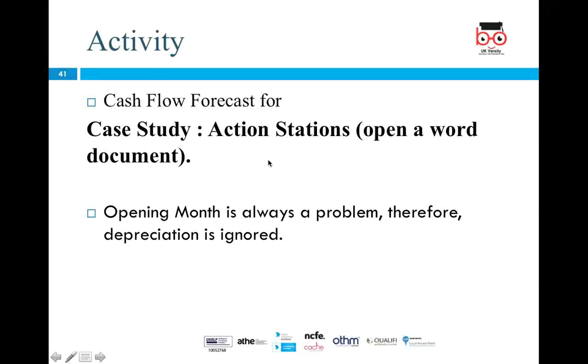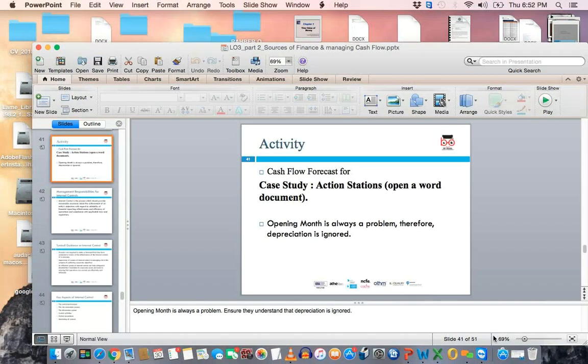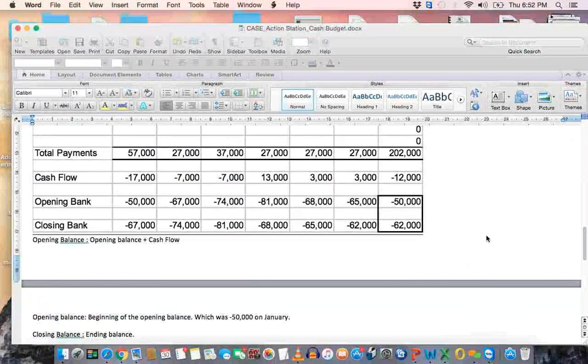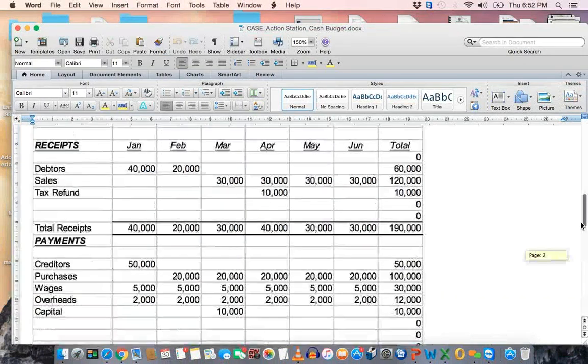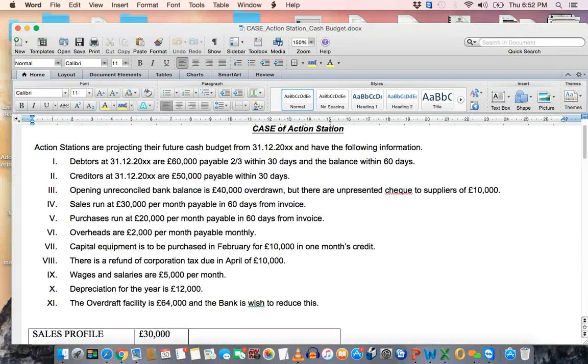We will do one exercise here, and I'm going to open a Word document for you, and then we will calculate how we do the cash flow and cash management. So these are some information. There is a debtors figure on the date, and then there is 16,000 payable, which is 2/3 within 30 days, and the balance within 60 days.